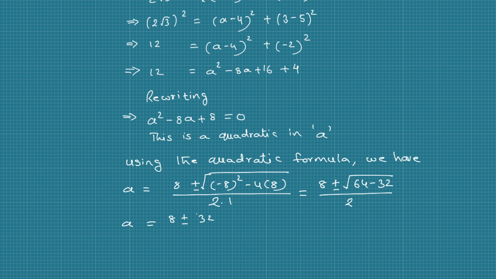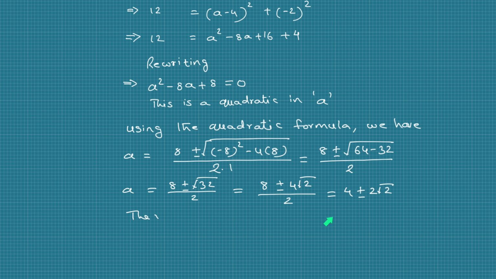which means a is equal to 8 plus or minus root of 64 minus 32, which is 32, divided by 2, which is equal to 8 plus or minus root 32, which can be written as 4 root 2, divided by 2, which is equal to 4 plus or minus 2 root 2.